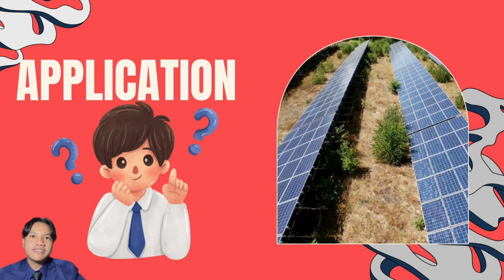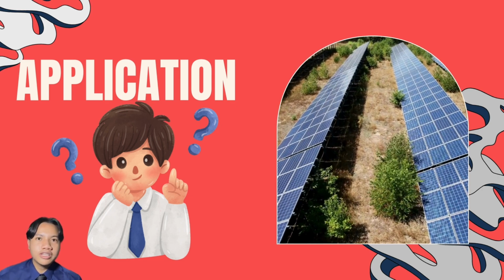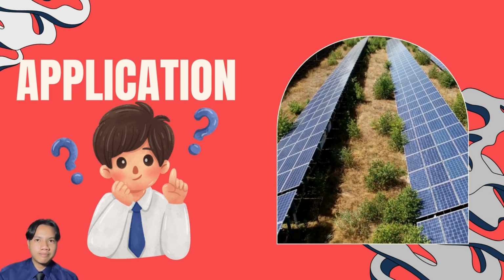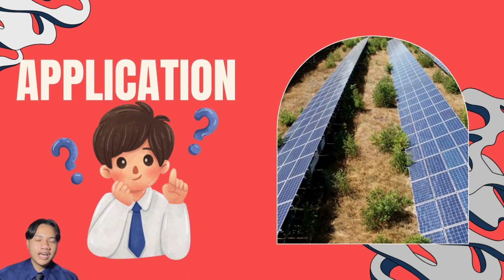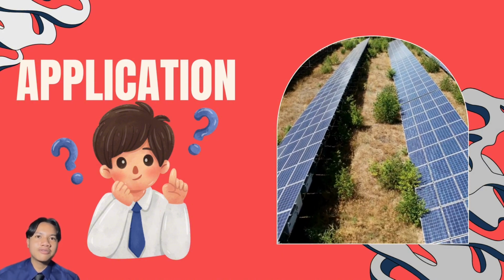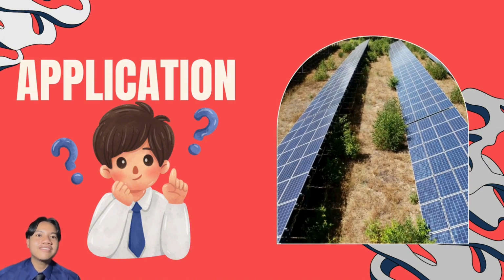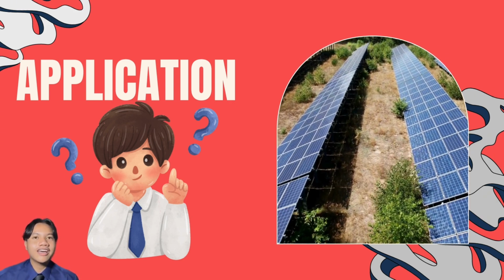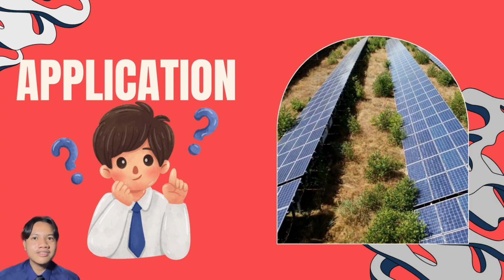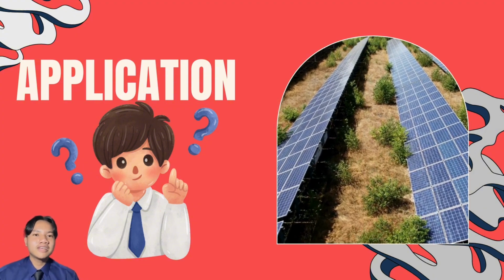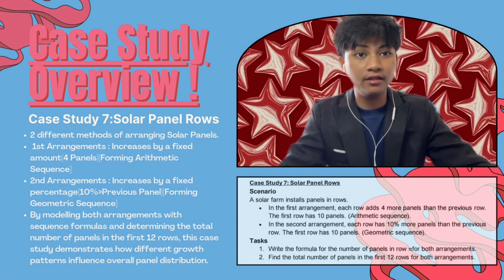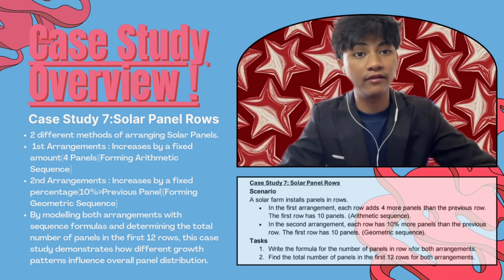As a conclusion, sequences play an important role in real life as they help us identify and predict patterns in an organized way. Understanding sequences allows engineers and planners to design systems more efficiently, make accurate predictions, and optimize resources in real-world applications.